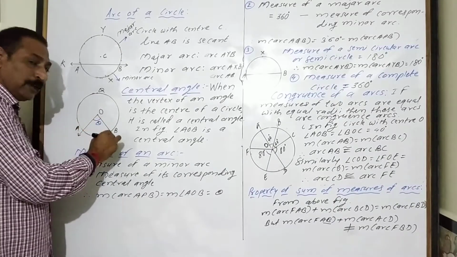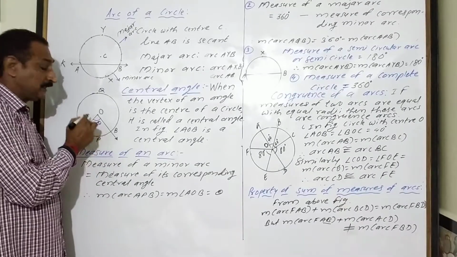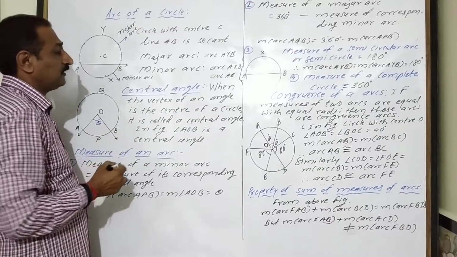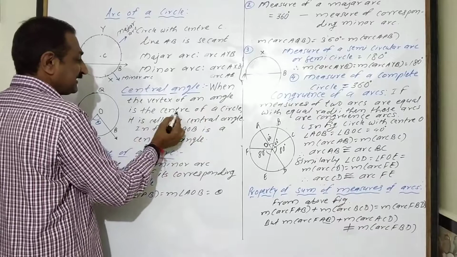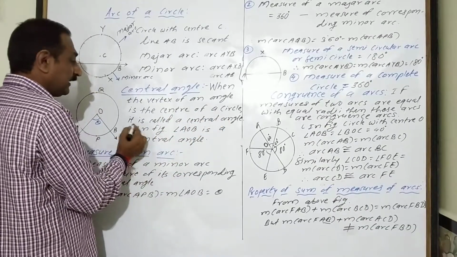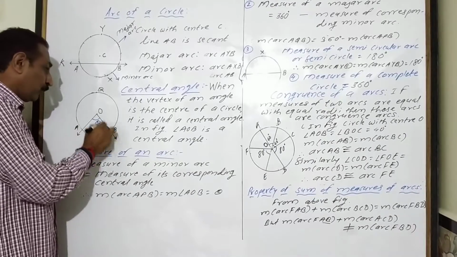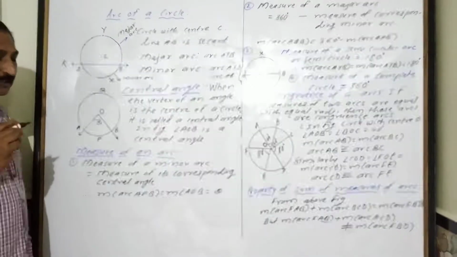Therefore, this angle AOB is called a central angle. The definition of a central angle: when the vertex of an angle is the center of a circle, it is called a central angle. Angle AOB is a central angle and its measure I denote as theta.